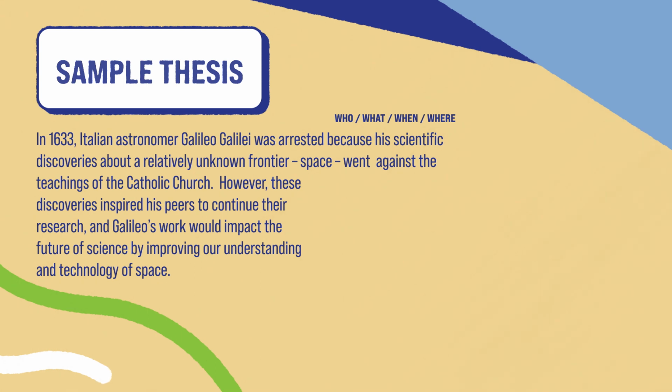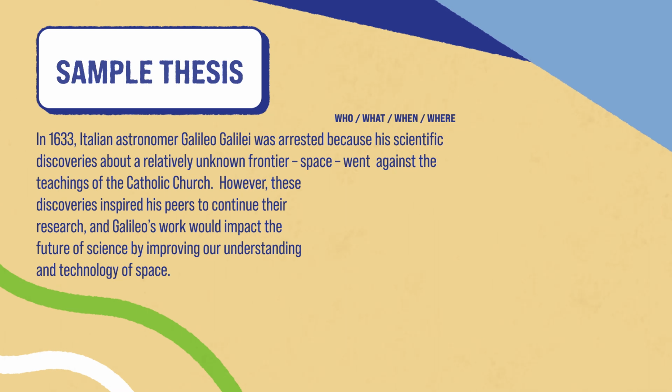We started our thesis with some basic info. Who? Who were the main people in your story? Whose actions made the most impact in your story or were impacted the most? What happened? What's the main thing that you're writing about? When and where did it happen? And we can see that in the very first sentence.